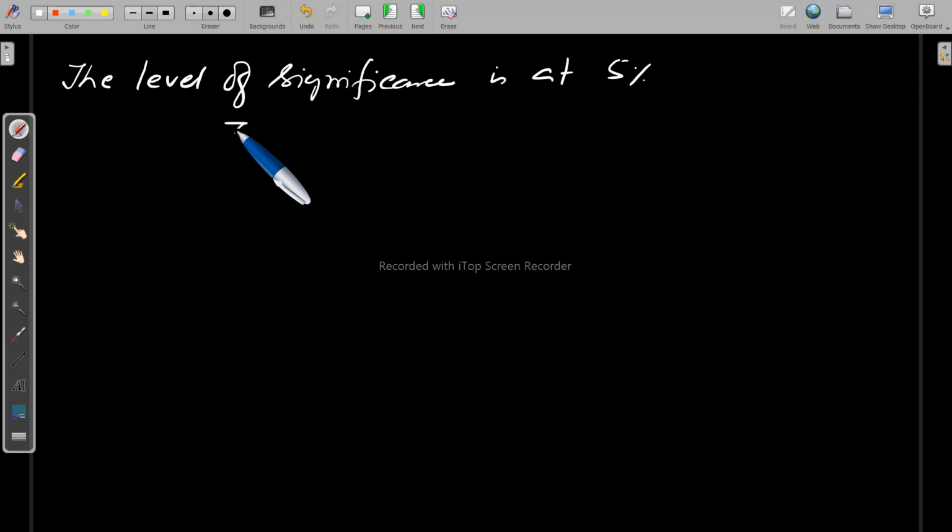So here Z 0.05 is given, that is your 1.96. So this is your Z tab. That means this value is coming from the table, the standard normal table. Clear? You may consider mod also, there is no issue.